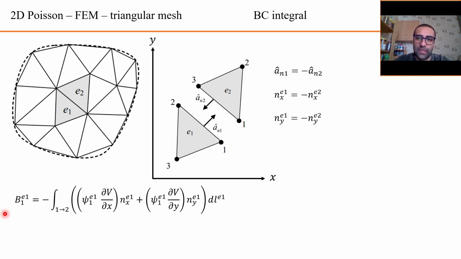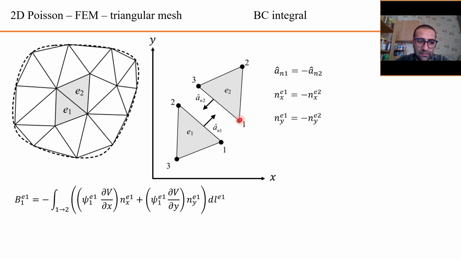Now the boundary integral has 3 terms, b1, b2, b3. It means that for any integral we need to calculate for all nodes. Let's calculate the boundary integral for element 1 and node number 1. It means that we need to calculate the contour from 1 to 2: psi1 times the derivative of v with respect to x times nx of e1, plus psi1 of element 1 times the derivative of v with respect to y times the normal vector, that is ny of e1.